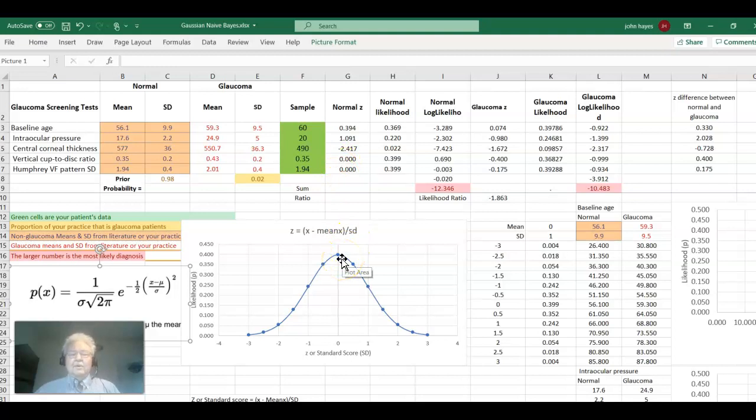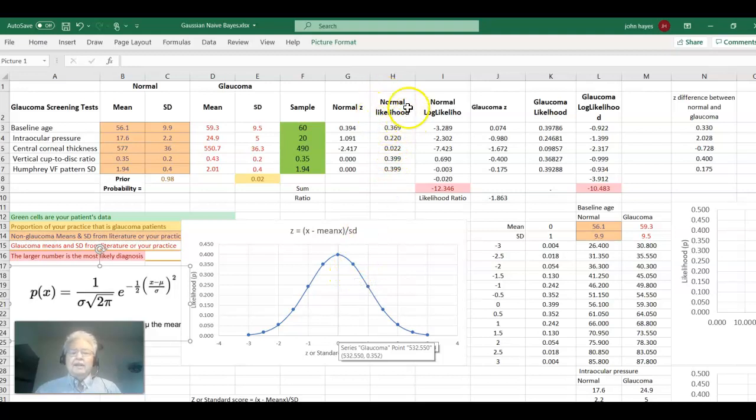So the z-score standardizes everybody and puts them in the same context. All these samples and scales are different, but we've standardized them into normal scores and put them on a distribution that lets us figure out the probability at this particular point.